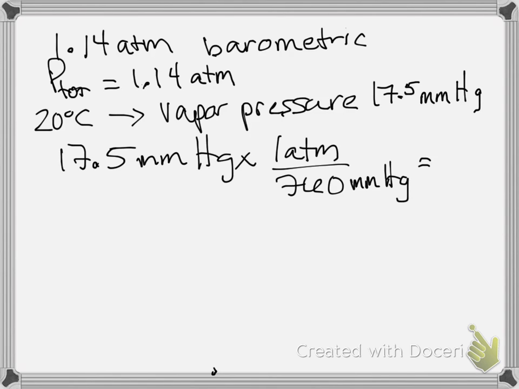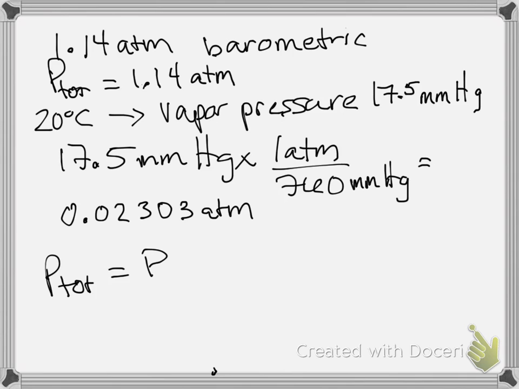So I put in 17.5 divided by 760, and we find that the pressure of the water vapor is pretty small. So the total pressure equals the pressure of the gas that I was making, say oxygen, plus the pressure of the water.